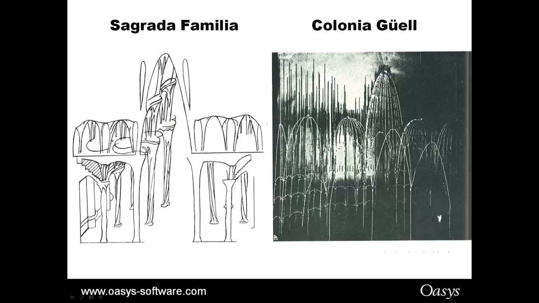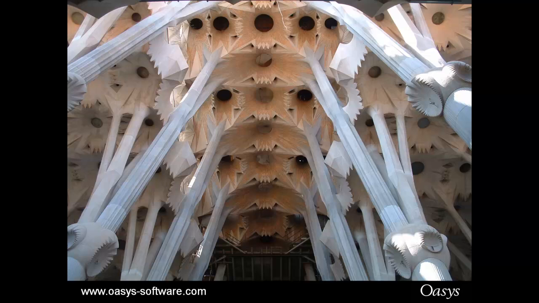Now you see on the left a sketch from the Sagrada Familia church, and whilst we don't have the hanging chain model for that, it was destroyed during the Spanish Civil War, we do have images still of the Colonia Güell church, so you can get an idea of how he used these models to actually achieve the end results. Of course, today he would use GSA, but you can see from this photograph of the modern day Sagrada Familia, quite an elegant and very organic structure, highly efficient.